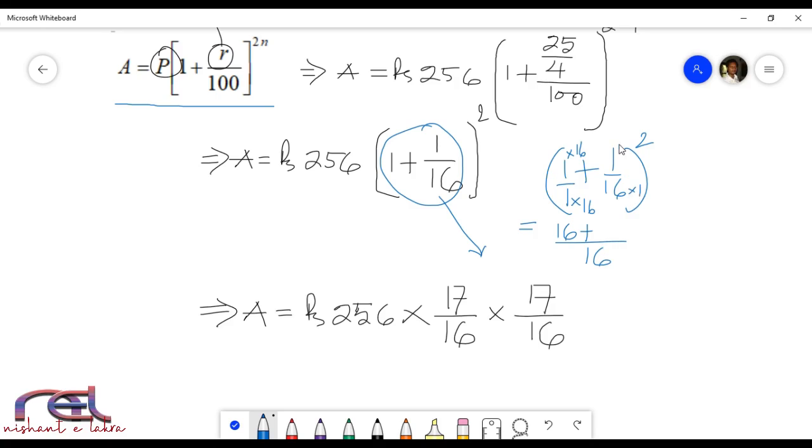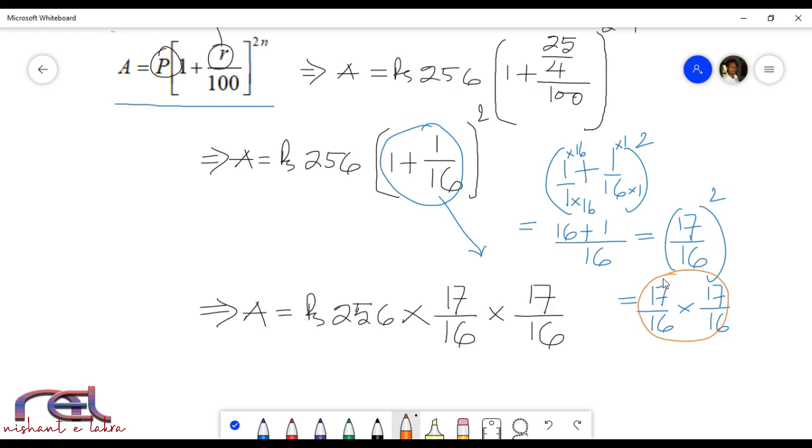Now the second fraction, 16 into 1 is 16, and that same 1 we multiply with the numerator, 1 into 1 is 1. So we get 16 plus 1 by 16, which is 17 by 16. And it is 17 by 16 whole square. We have to multiply it two times, so 17 by 16 into 17 by 16.